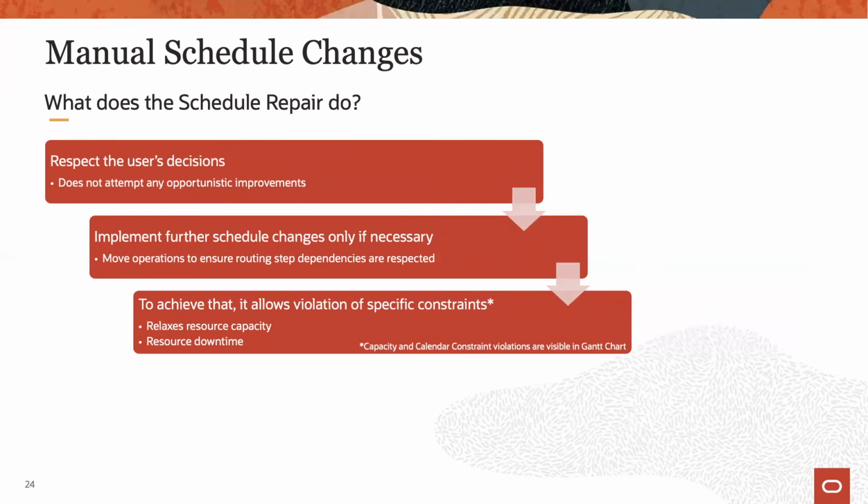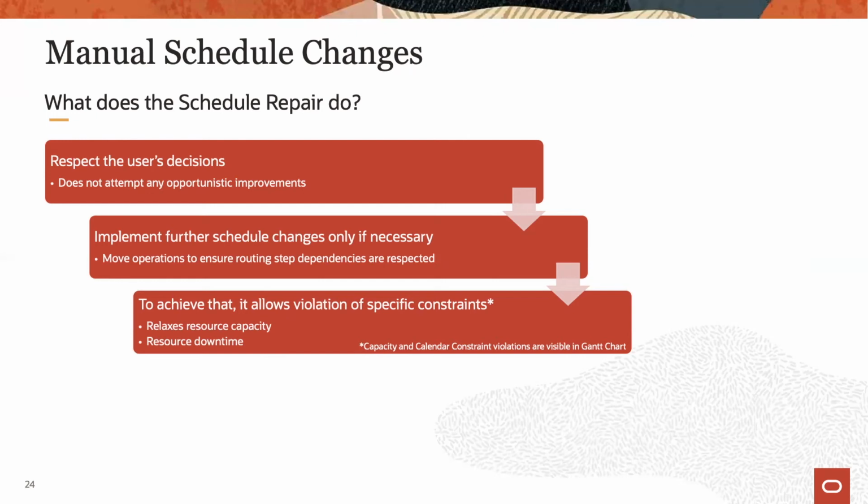The question, what does the schedule repair do, directly leads to the question, what does the repair not do? The repair aims to implement the desired manual schedule changes without disrupting other areas of the schedule. To achieve this, the repair does not look for opportunistic improvements, but focuses only on the localized schedule changes entered by the user.